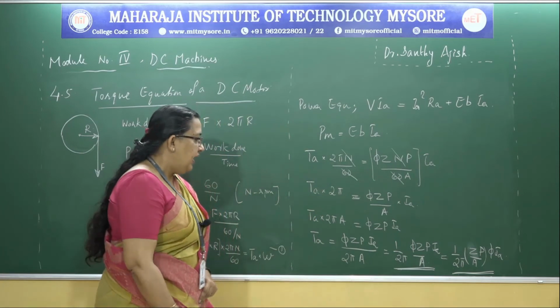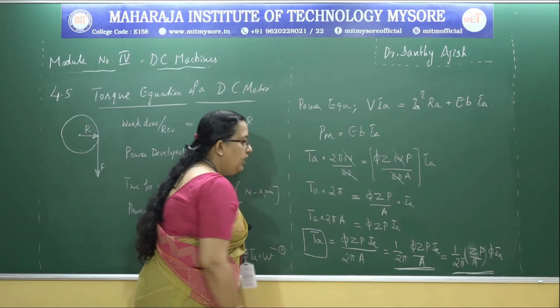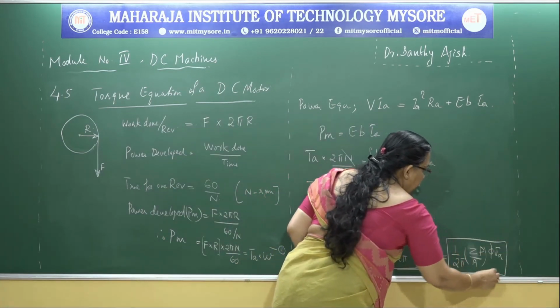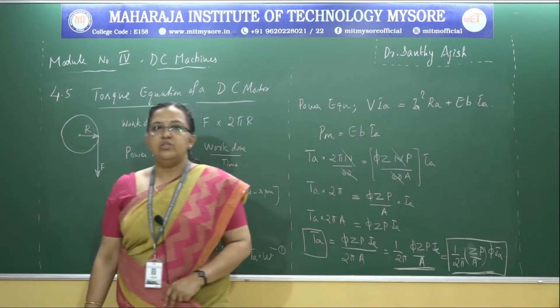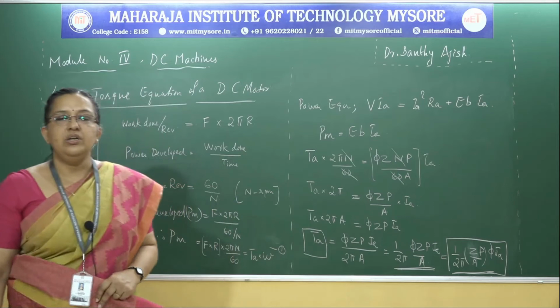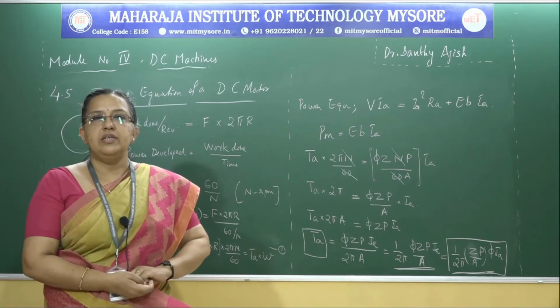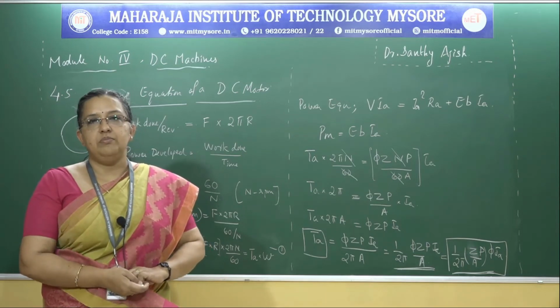So we can say that the armature torque developed TA is equal to 1 by 2 pi ZP by A into phi into Ia. So this is a very important relation which we require for further discussion of the applications of different types of DC motors.